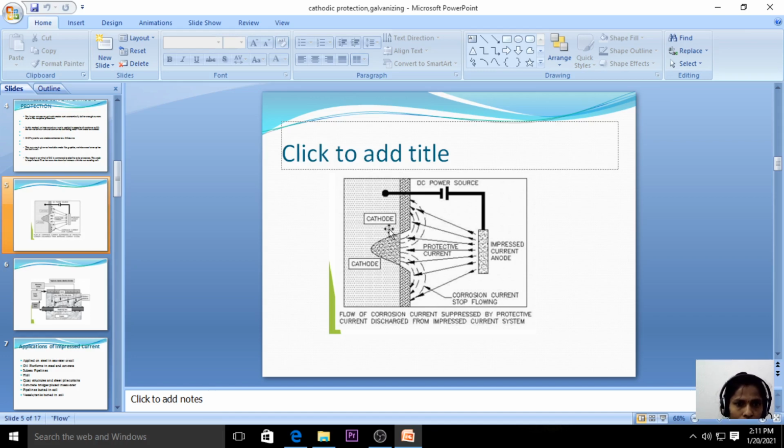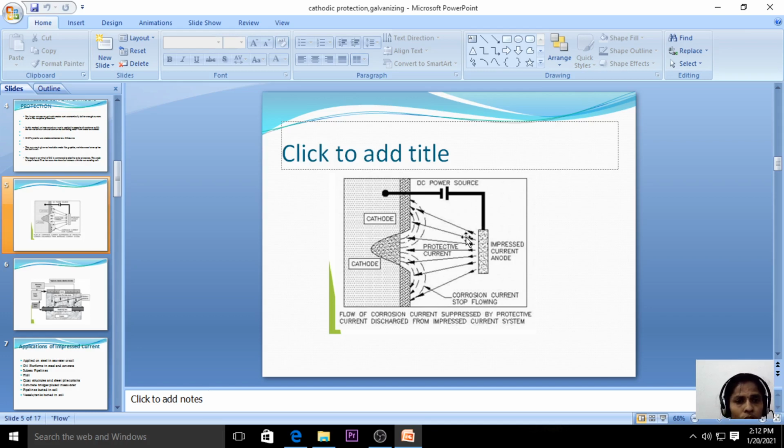But how do we convert anode to cathode? Initially, the current passes from anode to cathode. That means electrons are transferred from anode to cathode. When the electrons are transferred from anode to cathode, current is released. That current is called the corrosion current.